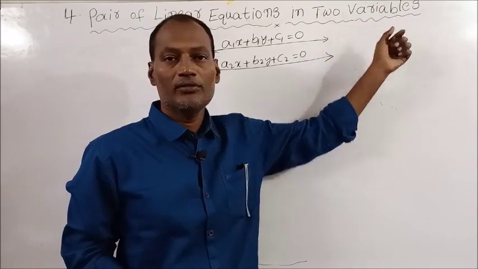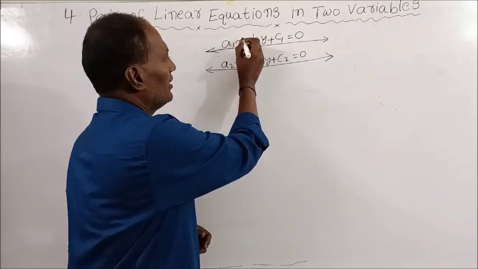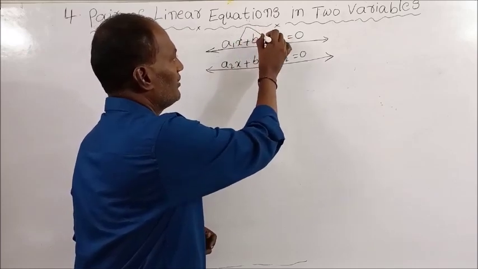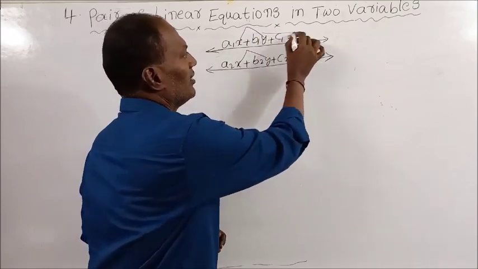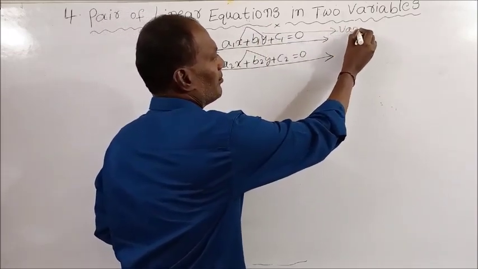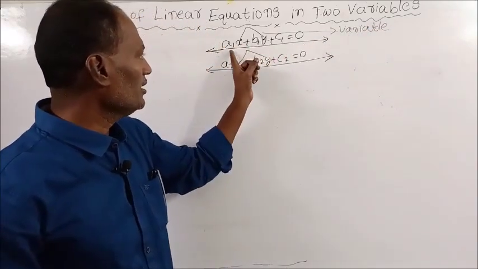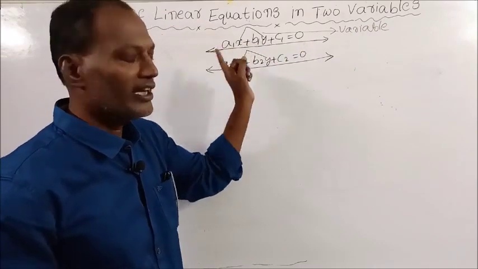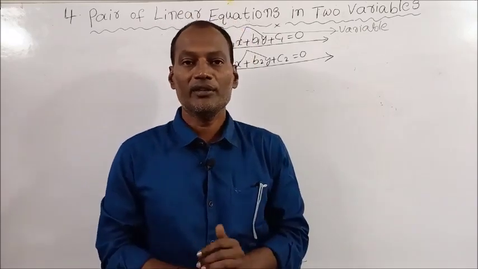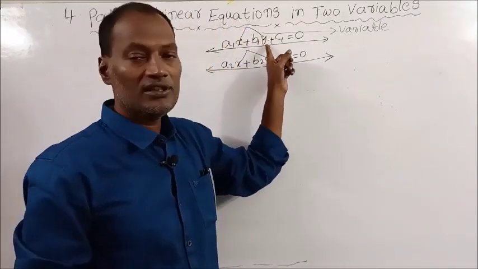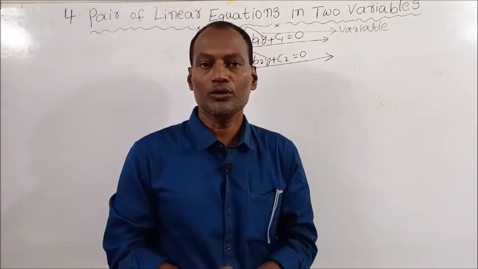Now you see the variables. What are the variables? In this equation, x and y. In this equation, x and y. These are called variables. In the first equation, a1x plus b1y plus c1 is equal to 0, how many variables? x is one variable, y is the second variable, totally two variables.